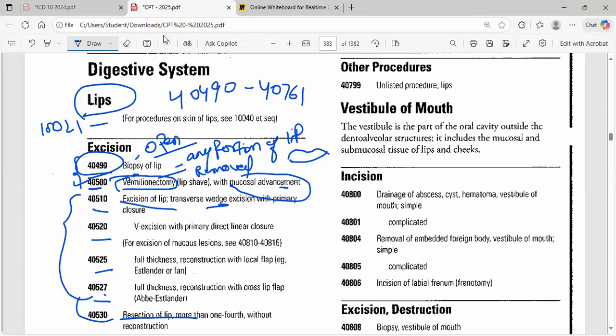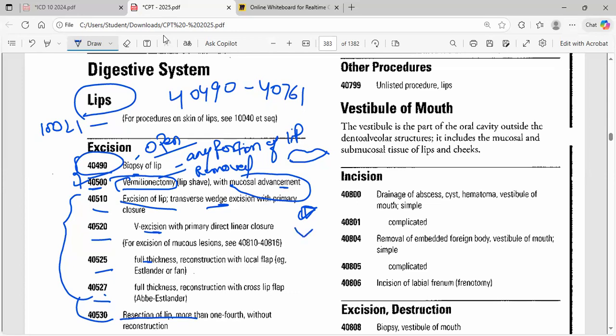First we have wedge excision, then we have V excision, then we have full excision. Wedge means a triangular shape has been removed. So if the specimen has been removed in a triangular shape, we are going to use wedge excision.